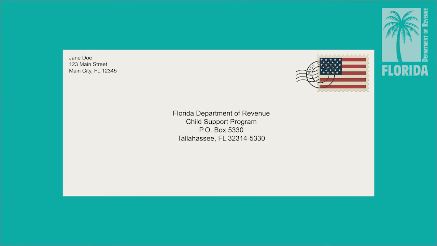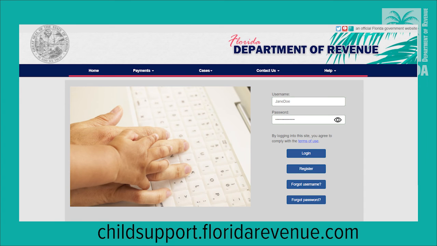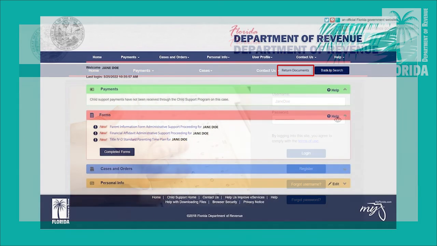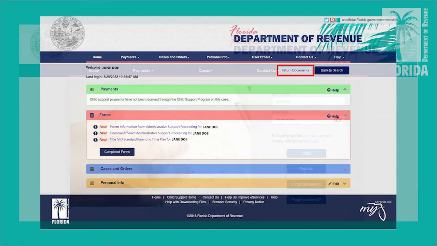You can mail it to the address listed on the end of the form, or you can upload a scanned version or photo of the form and all attachments on e-services. To do this, log in to your e-services account at childsupport.floridarevenue.com, then click the Return Documents button at the top right-hand corner of the screen and follow the instructions.